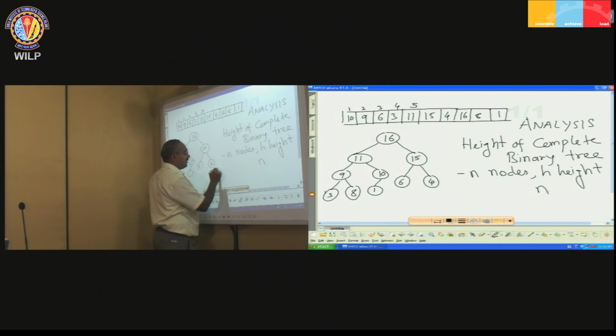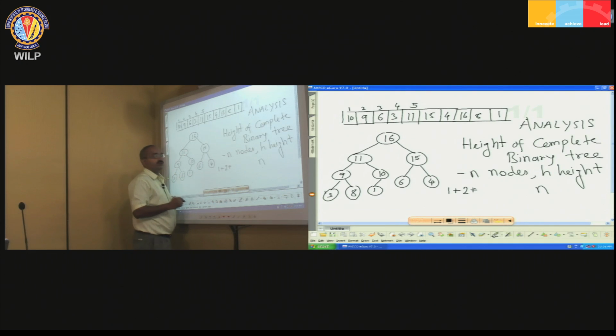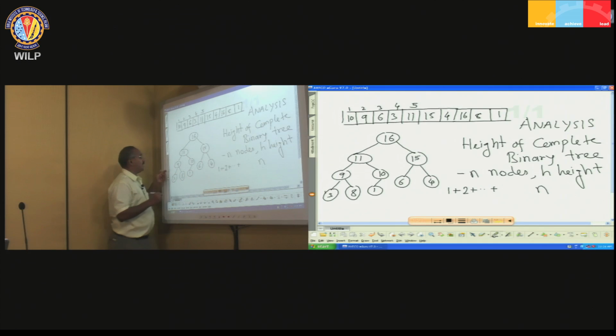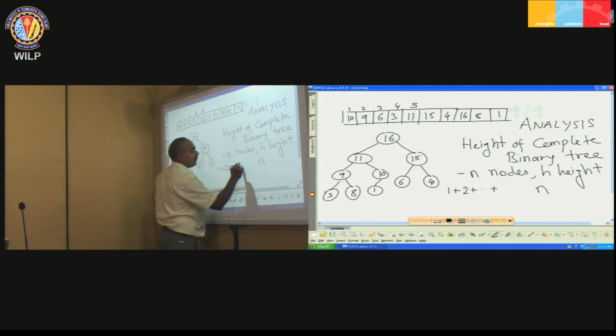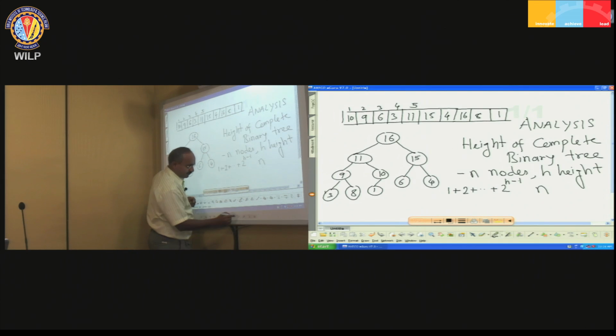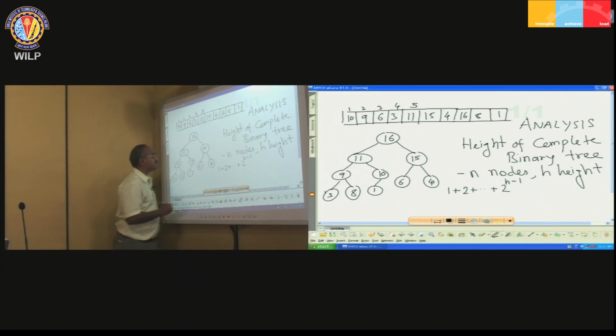That would give me the following. The number of nodes is going to be now 1 which is at level 0, 2 which is at level 1, and so on until height h minus 1 is full. So, we will get 2 power h minus 1, this is up to the second last level which is completely filled.